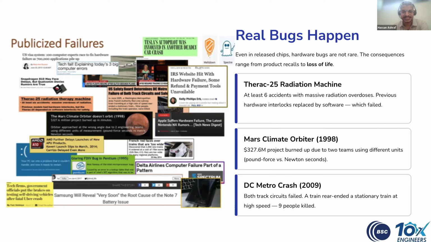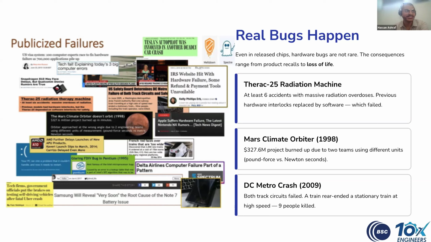And another example, the Mars Climate Orbiter, the famous one. The spacecraft that was launched towards Mars, one minor case was missed in the testing, and it got exposed in the actual performance, and the complete project failed, and it cost millions of dollars, and it's also reported.